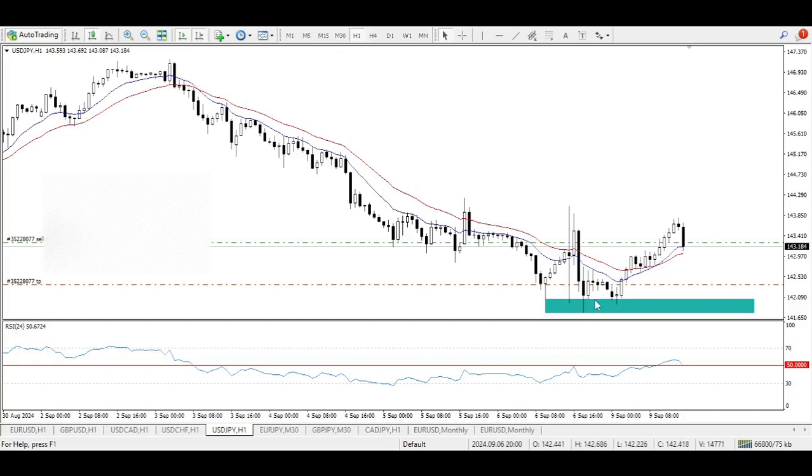Now let's talk about the exit plan in case of loss. What happens if USD JPY starts going to the upside right after this candle? Then we need to wait for any candle to close above the previous high. So this was the previous swing high, and from here our risk to the upside is 78.5 pips, but you do not know where exactly it will close.